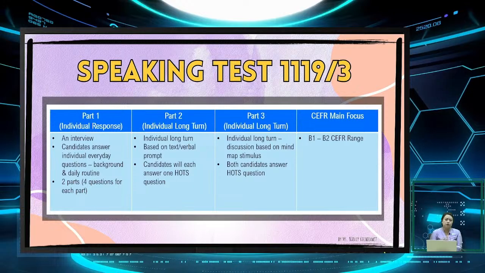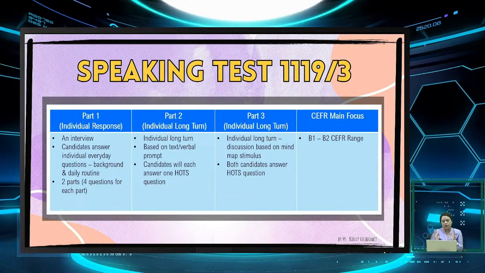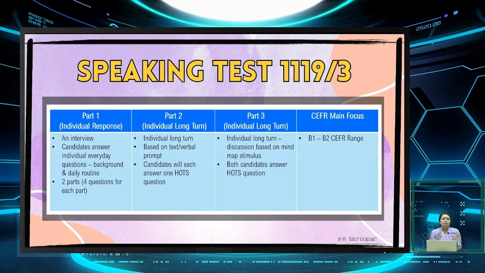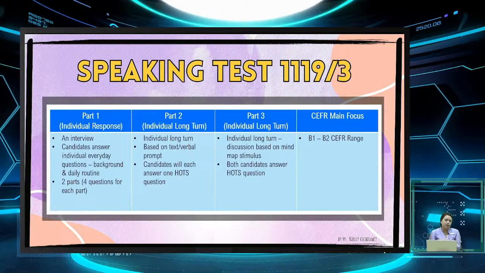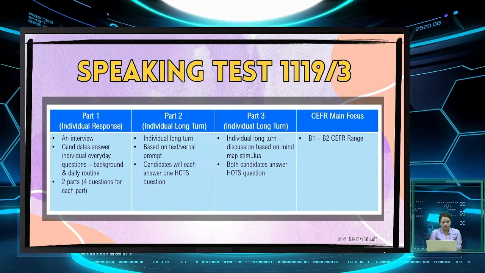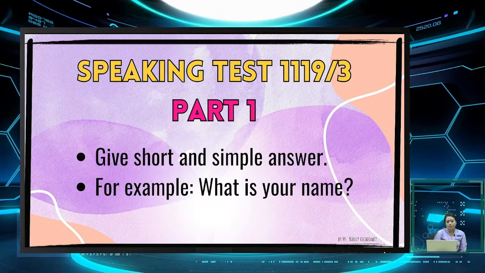However, there are good students who manage to score C1 for the speaking test. If they manage to score C1, it means their marks are either 23 out of 24 or full marks, 24 marks.